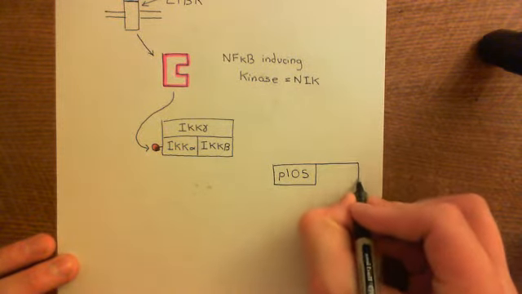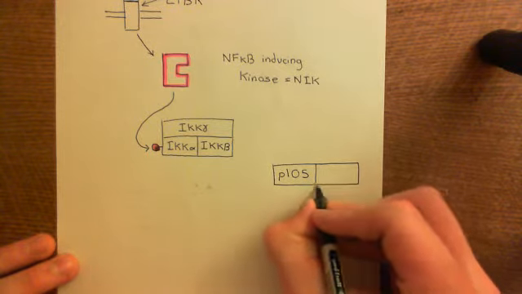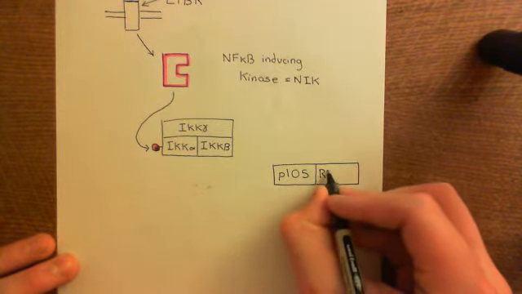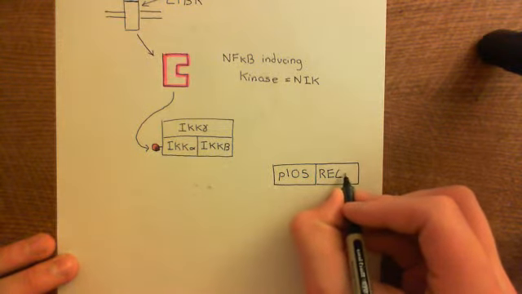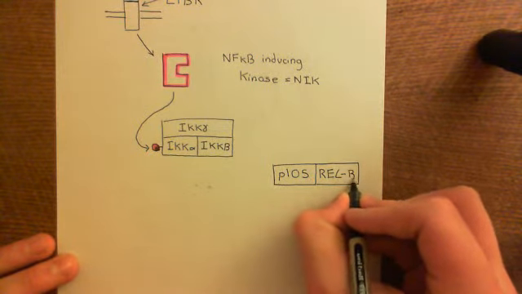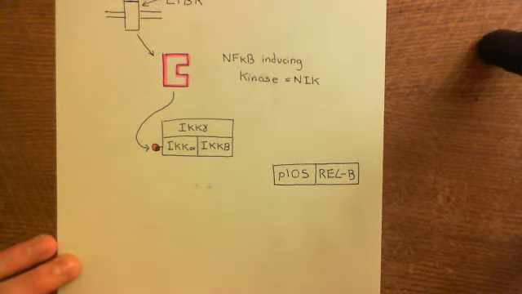So remember, the normal NF-kappa B, the main NF-kappa B transcription factor, consisted of P65 and P50, okay, and P65 was also known as REL-A, and P50 was also known as NF-kappa B protein 1.